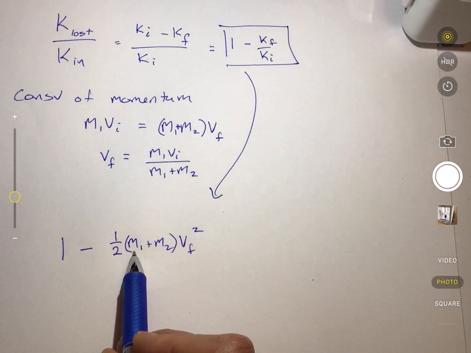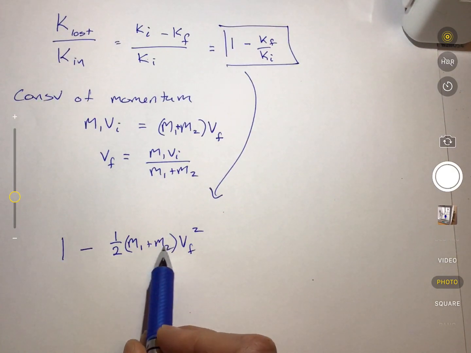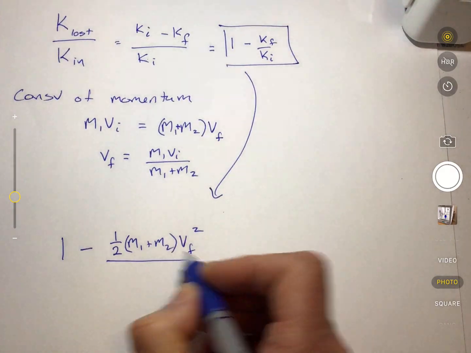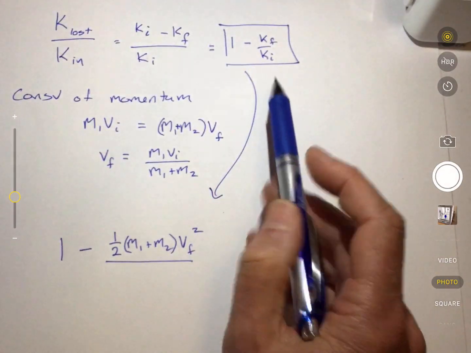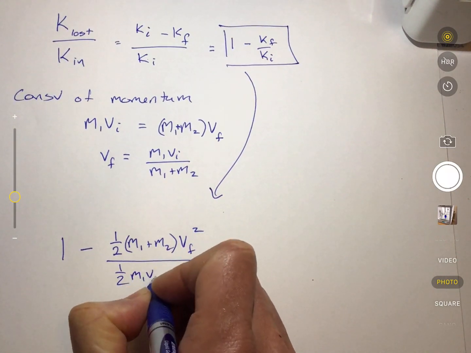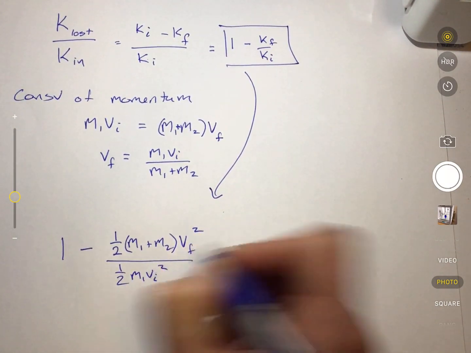That's the final kinetic energy of the thing stuck together, moving at some velocity, and that's 1/2 mv squared. The initial kinetic energy would just look like this, 1/2 m1 v initial squared.